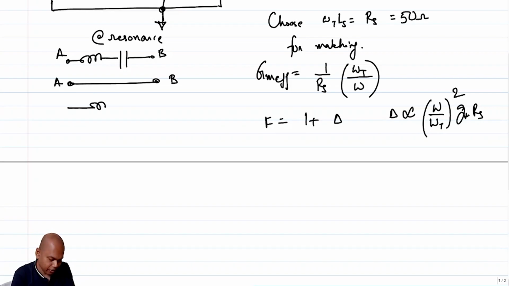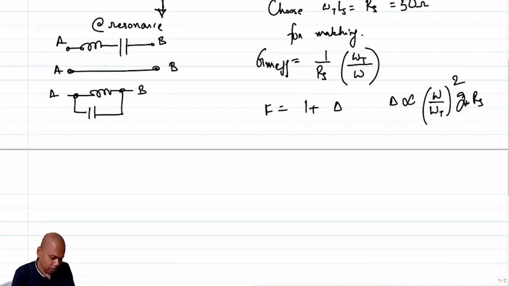But if you have an inductor and a capacitor in parallel between A and B, what do you get? Whenever you have things in parallel, it is easier to evaluate them in admittance mode.